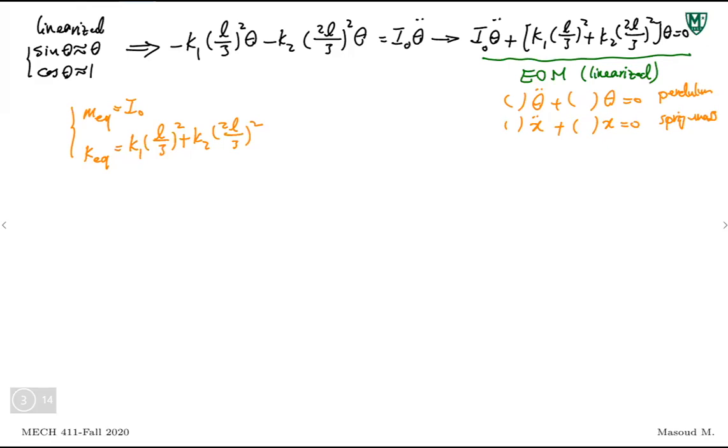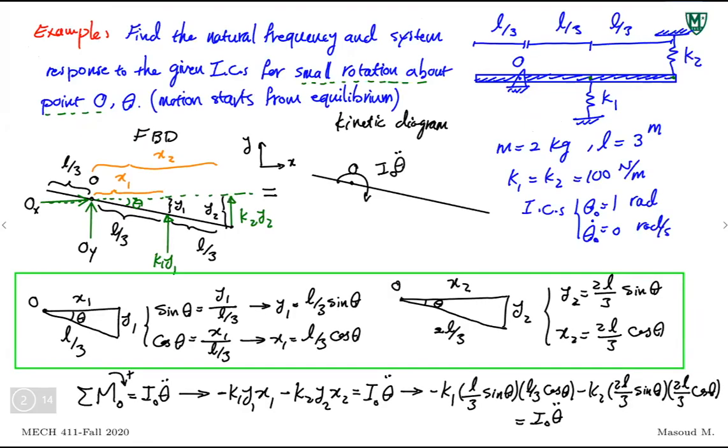Let's start making things a little simpler. I know K1 is equal to K2, they are the same, so let's just call both of them K. I'll plug the numbers in at the end.